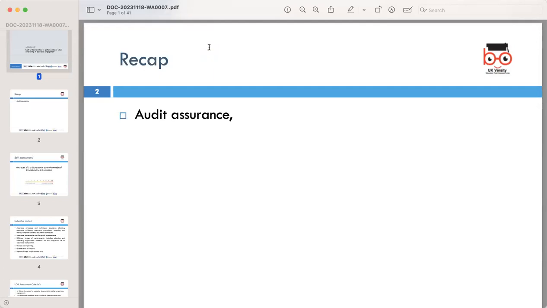Auditors use a set of rules and guidelines, kind of like a checklist, to make sure everything is in order. This ensures consistency and fairness in the audit process as well.